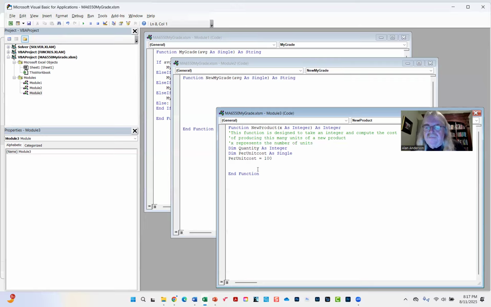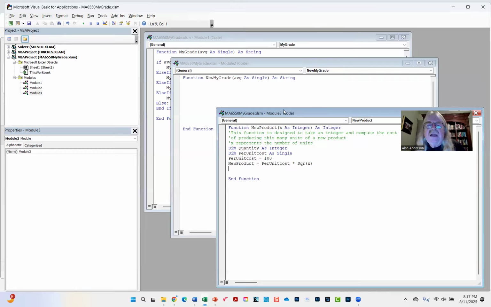And then let's just say that the new product equals per unit cost. Let's fix that. And then for some bizarre reason, let's say it's times the square root of x, and then you'd be done. And in a case like that, you'd have to be careful. You could set it up to make sure that it doesn't accept a negative x, for example.